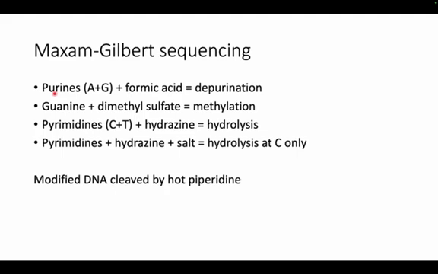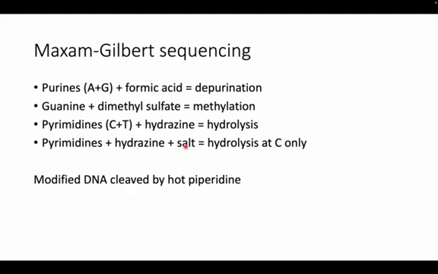Similarly, for the 2 pyrimidine bases, we have 2 different reactions. The first is to react it with hydrazine. This will cause hydrolysis at both pyrimidine bases, that is at both C and T. The specific reaction is caused by adding salt in this previous reaction.